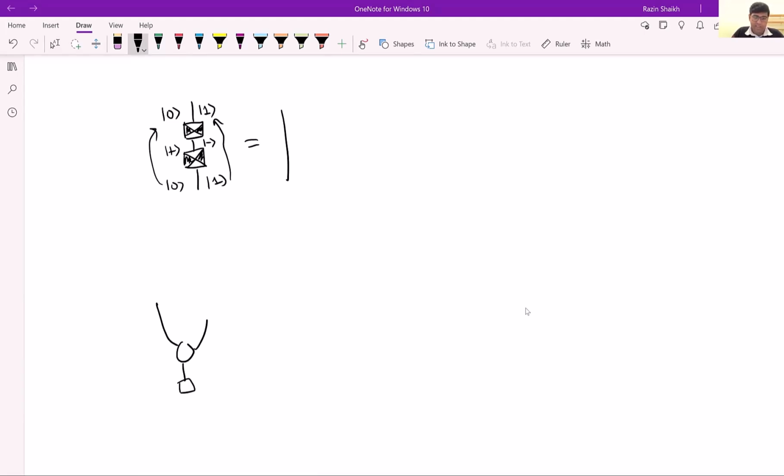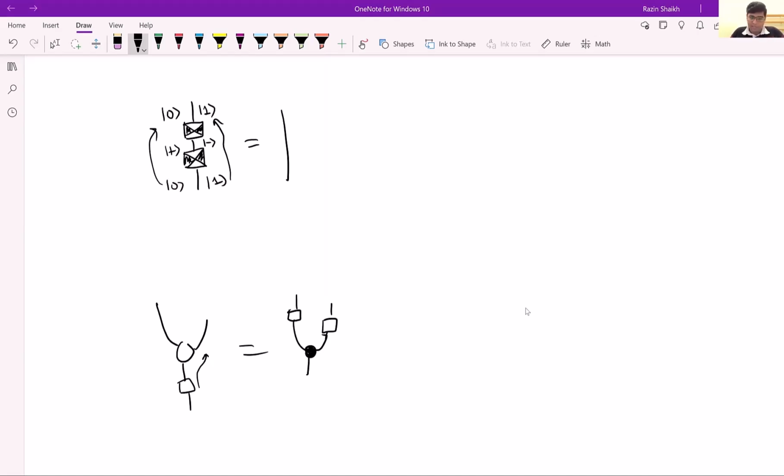So if I have a color change box here, I want to show that I can push this through. So I can push this through to get an X spider like this, and the color change box has now been copied to all the other legs.